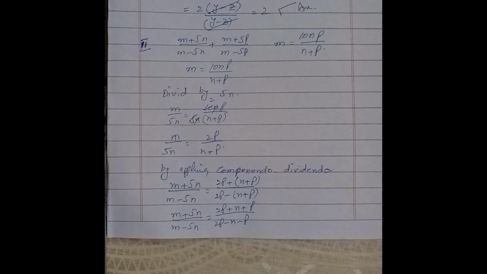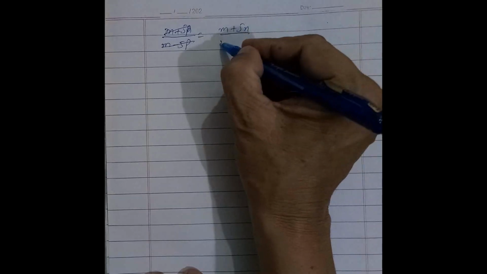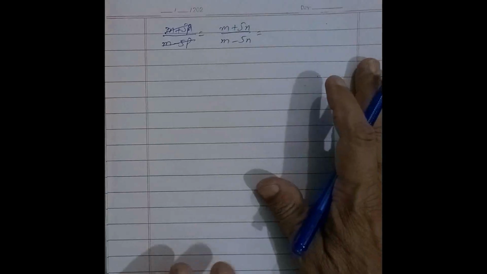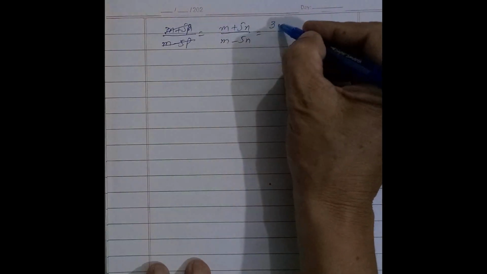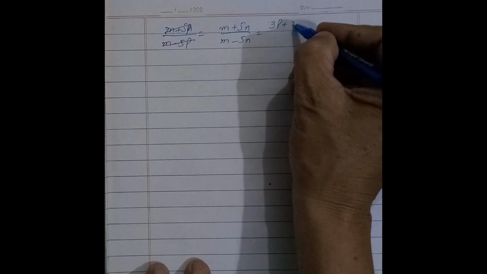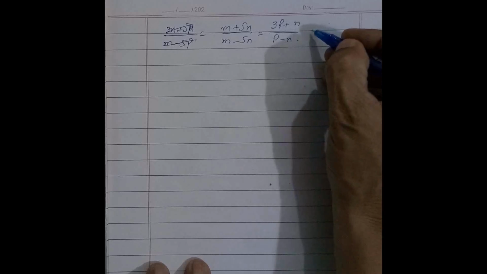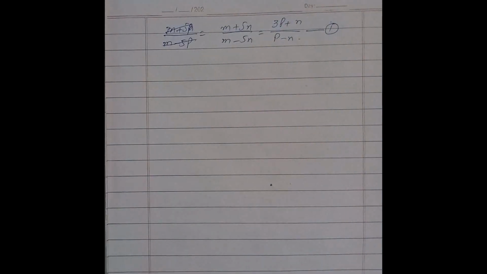Further we simplify, m plus 5n over m minus 5n is equal to 3p plus n over p minus n, and it is equation 1.